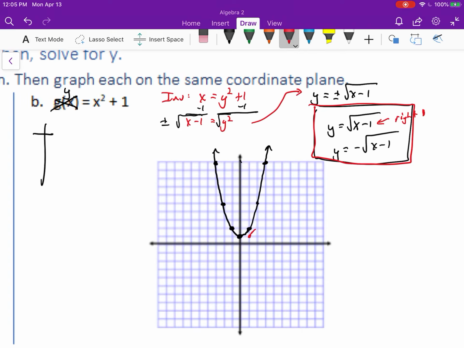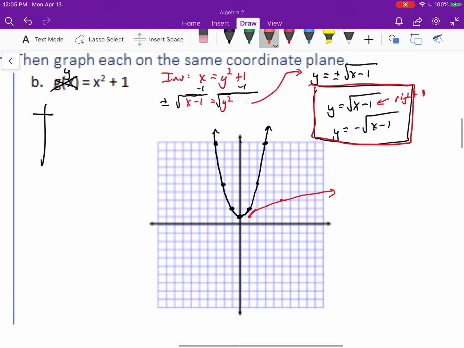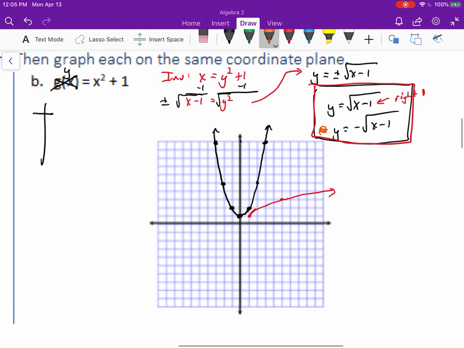So right 1, that's going to be here. So that's that one, and then let's do this next one in orange. It's going to be the same thing, except we have this negative, so it's going to be flipped upside down.